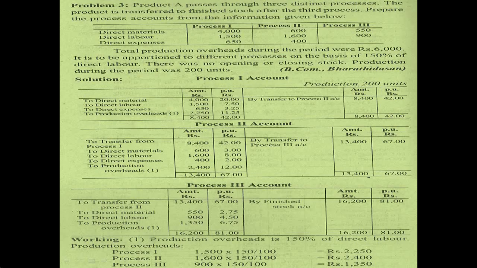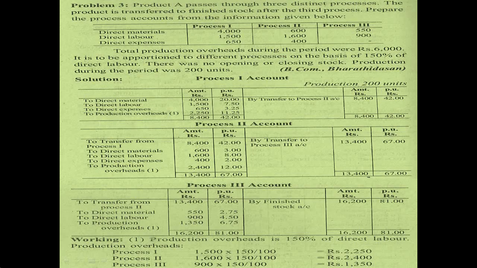Then you go for the process 3 account. Transfer from process 2 on the debit side: amount 13,400, 67 per unit. Direct material 550 divided by 200 units comes to 2.75. Direct labor 900 divided by 200 comes to 4.50. Then production overheads, 150% on direct wages, come to 1,350.